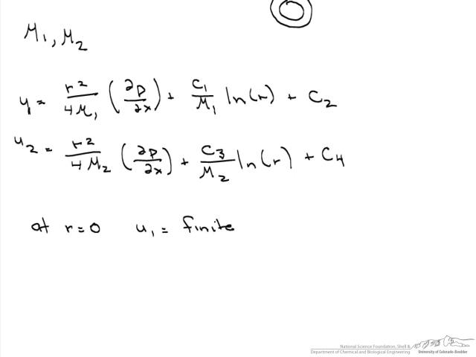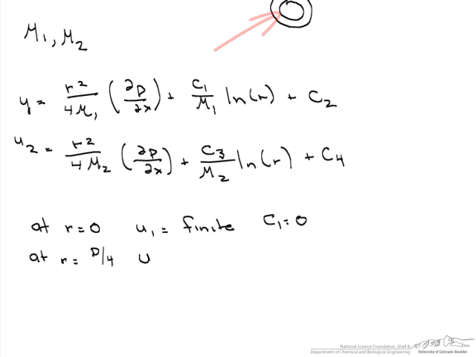And if that's the case, the only way that can happen is if c1 equals 0, because ln of 0 is infinite. So the only way to keep the velocity finite is to get rid of that whole term altogether.